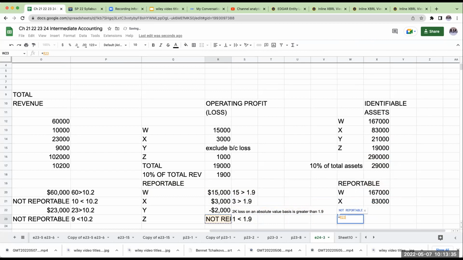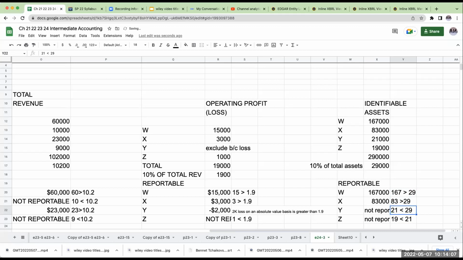Both Y and Z are not going to be reportable under this standard, because the 21 is less than 29 and the 19 is less than 29, while the 167 is greater than 29 and the 83 is greater than 29.